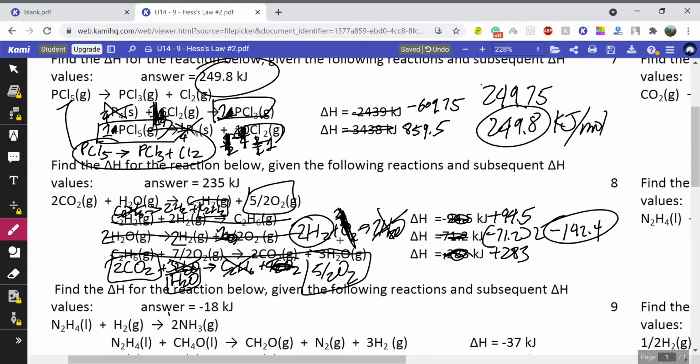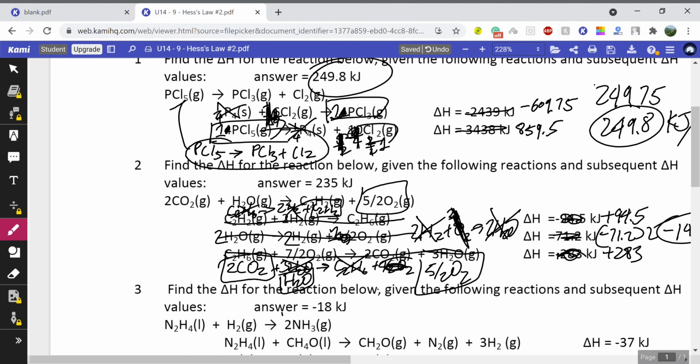Finally, our 2H2 and 2H2 are left over. This one is in reactant side, and this one is in product side, so they will be able to cancel out. Now we have everything we need to form our reaction. We have 2CO2 plus H2O making C2H2 plus 5 over 2 O2, which matches this one.